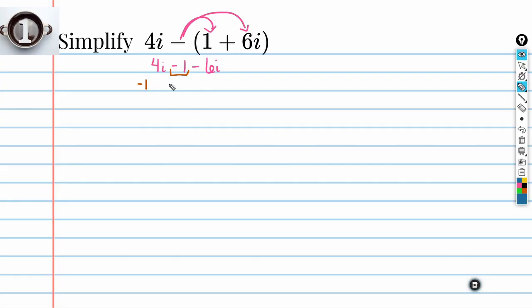And then our imaginary is positive 4i minus 6i. So the real is negative 1. There's nothing to combine it with. And the imaginary portion, 4 minus 6 is negative 2i. That is your answer. So let's practice through a few of these.